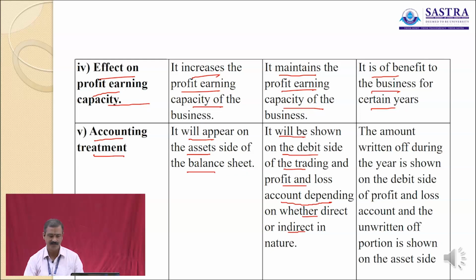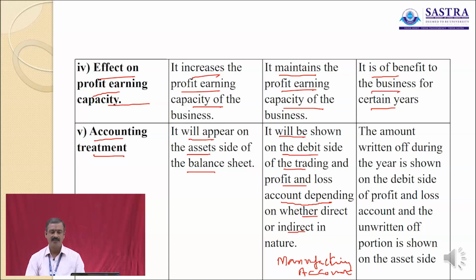In the case of a manufacturing organization, the manufacturing account is prepared. Whereas the items of expenditure which are indirectly associated with the production process, or which cannot be directly identified with the production, manufacturing or the regular operation of business, will be known as indirect expense, and will be shown on the debit side of the P&L account.